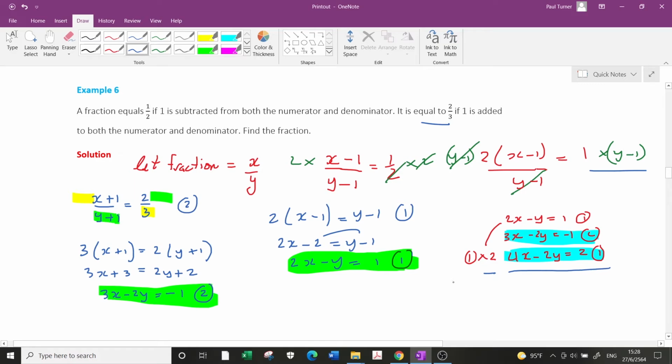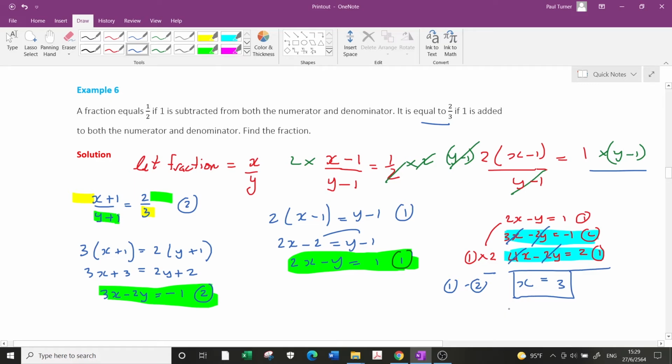So I'm going to do 1 minus 2. So 4x minus 3x will be x. Minus 2y minus negative 2y will cancel. 2 minus negative 1 is 3. So in this case, x equals 3.